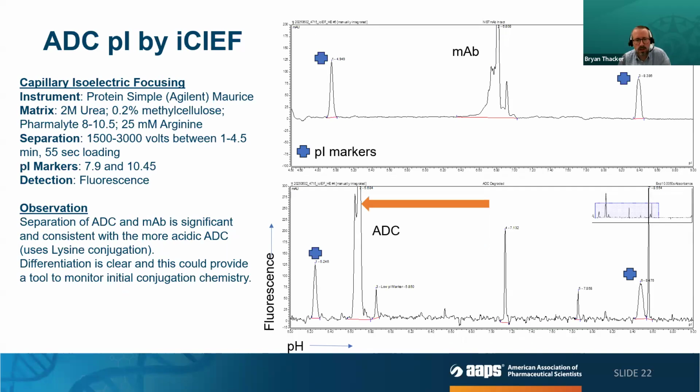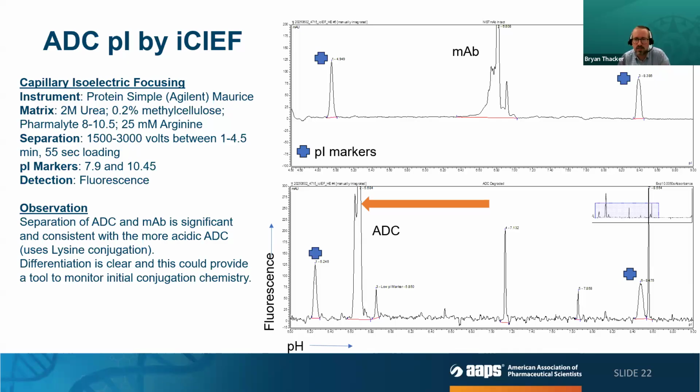Okay, next slide. Here is just another illustration of how isoelectric focusing can be used. In this case, we're not looking at a stress condition. We're comparing the monoclonal antibody to its ADC product after drug conjugation. And you can see here that there's this massive shift in pI after the monoclonal antibody has been decorated with the drug conjugate.